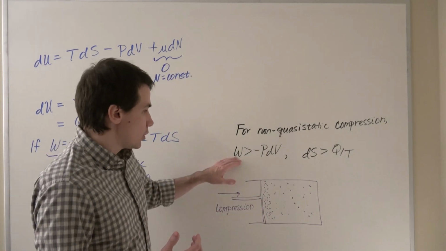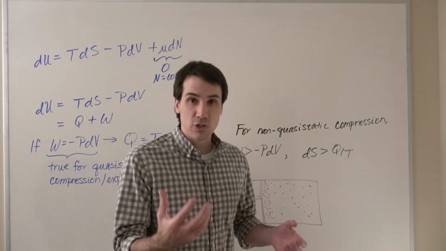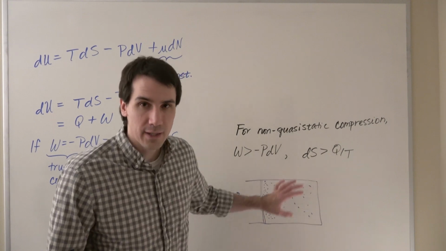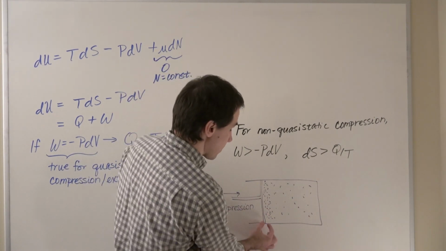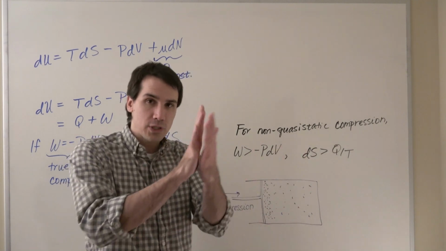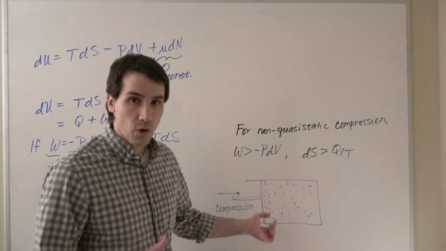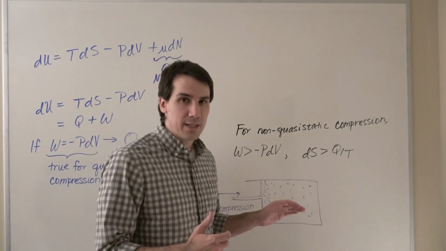So in that case, you are doing more work than PdV would suggest. If you did this slowly, you would be pushing against the average pressure of the gas. But here you have built up excess pressure by pushing against molecules and having extra molecules build up against your wall. So in that case, your work is bigger than negative PdV.